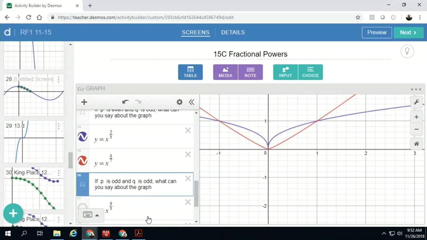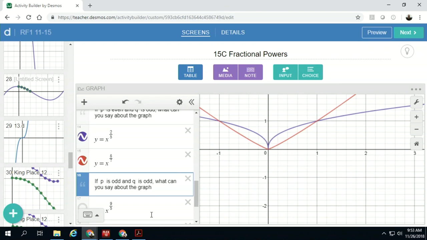Do you see how that changes our function? 2 over 1 would be a quadratic. Okay, here we go. Describe the domain and the range, as well as the intervals over which the function is increasing and decreasing.